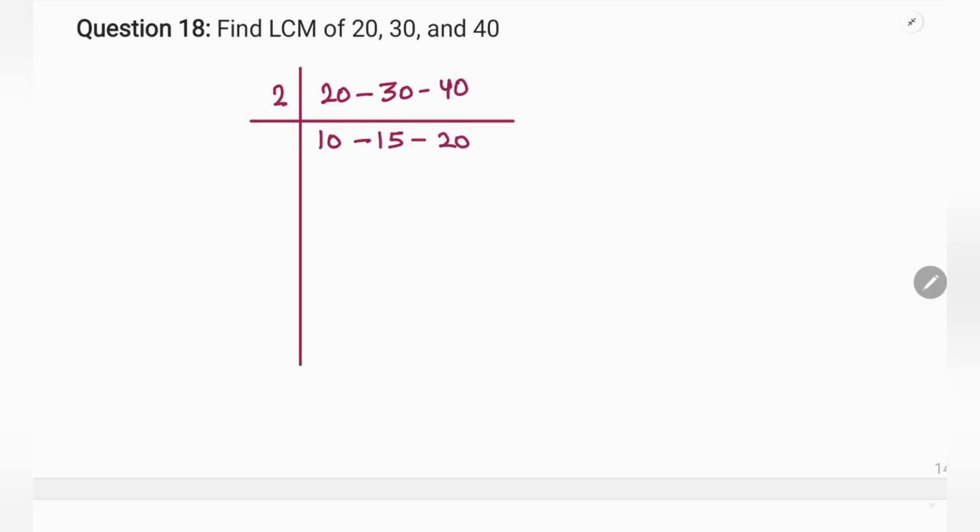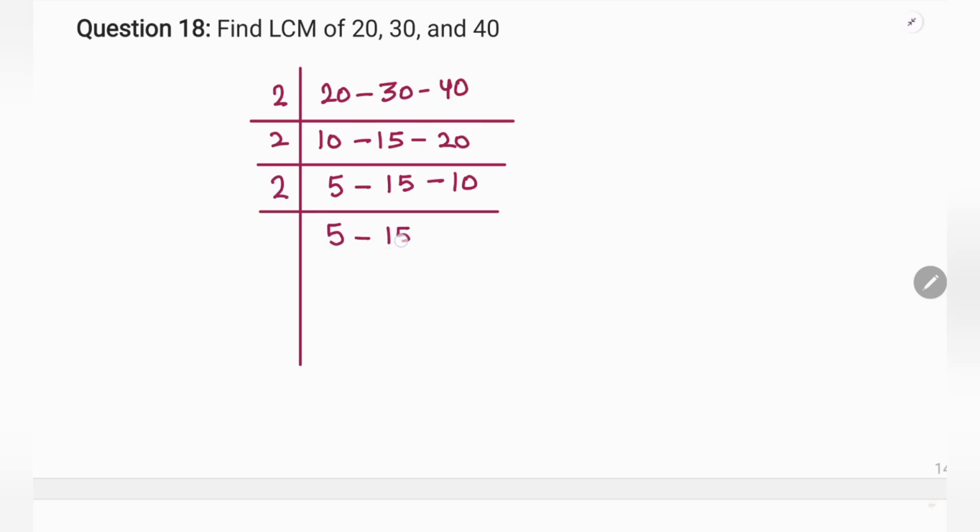Again with 2 because 10 and 20 are divisible by 2. 2 fives are 10. 15 is not divisible, so I will write 15 as it is. 20 is divisible, so I will divide. Again, 5 is not divisible by 2, 15 is not divisible by 2, but 10 is. So divide with 2.